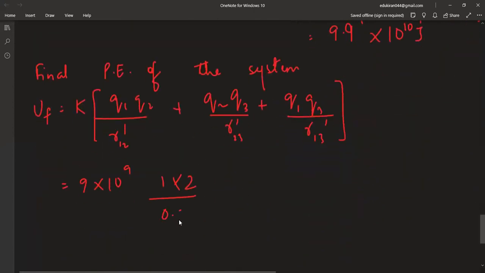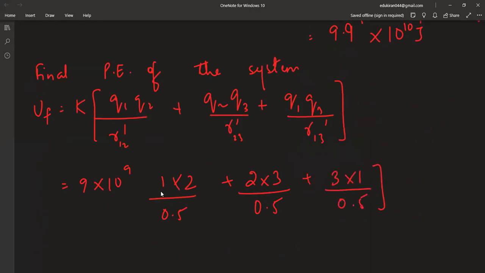So this is 1 into 2 by 0.5 plus 2 into 3 by 0.5 plus 3 into 1 by 0.5. So this is equal to 9 into 10 to the power 9. Okay, so that was 11. So 11 into 2, this will become 22. So this is equal to 19.8 into 10 to the power 10 joules.